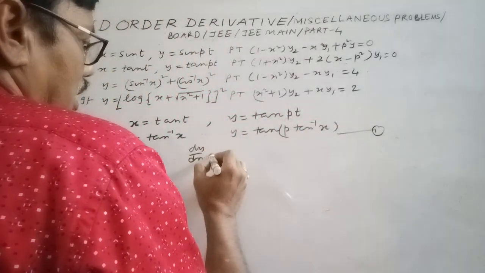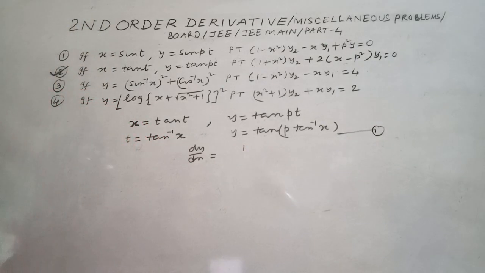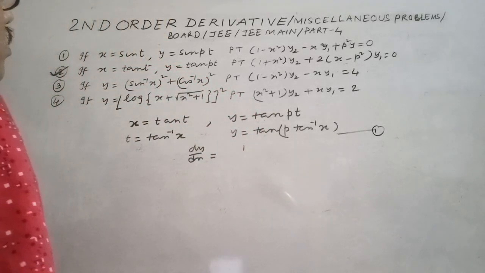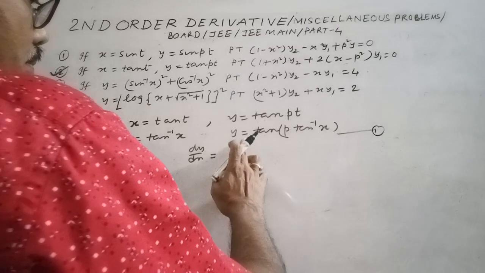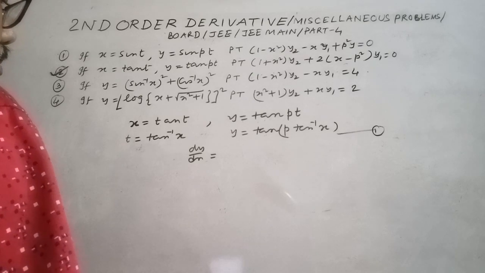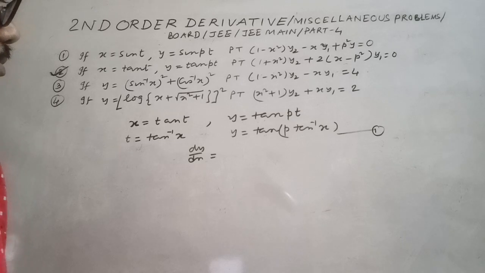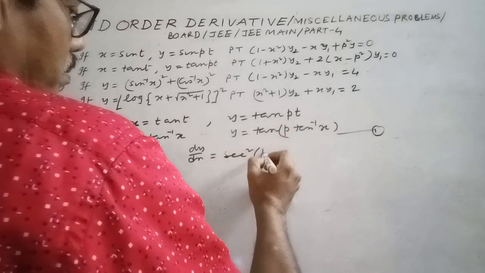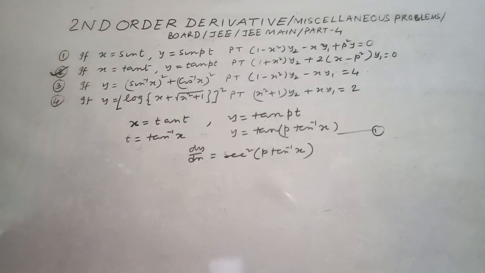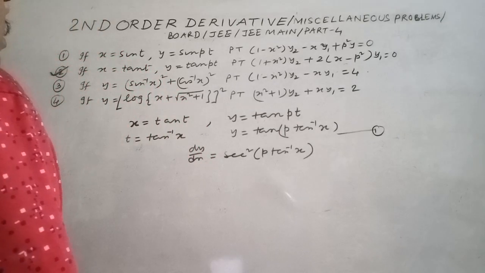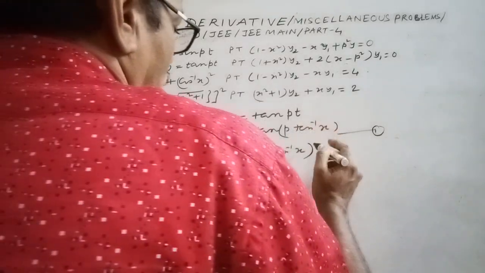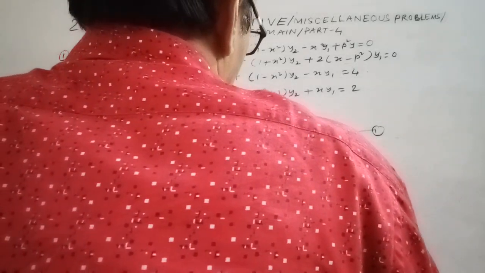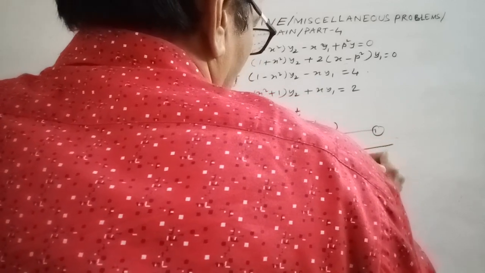dy by dx equals sec square (p tan inverse x), then the derivative of p tan inverse x, which is p by 1 plus x square.